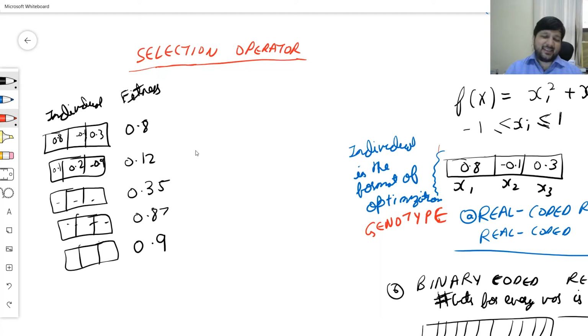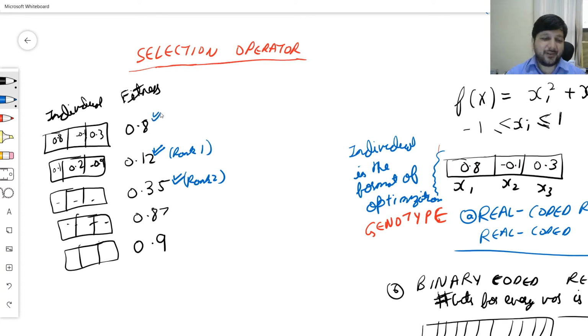And the most obvious thing that you could think about is probably that let's select the best 4 individuals. So that's number 1, 0.12. The next is 0.35. So that's rank 1. That's the best. This is rank 2. Remember, it's a minimization problem. The next best.